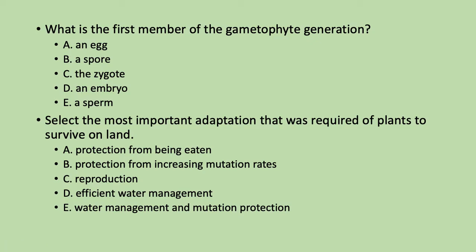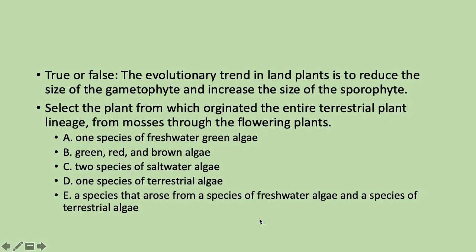Okay. Select the most important adaptation that was required of plants to survive on land. It is E. Yeah. Water management and mutation protection. True or false? The evolutionary trend in land plants is to reduce the size of the gametophyte and increase the size of the sporophyte. True.